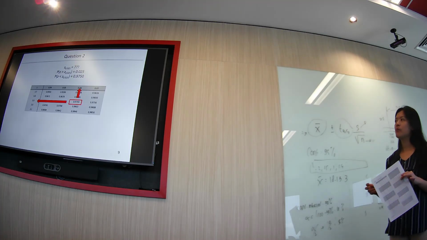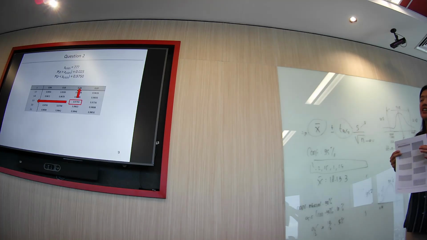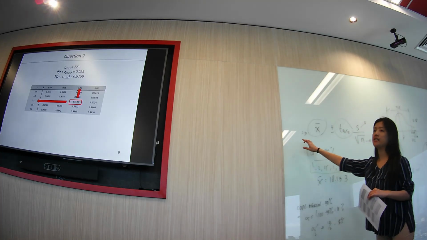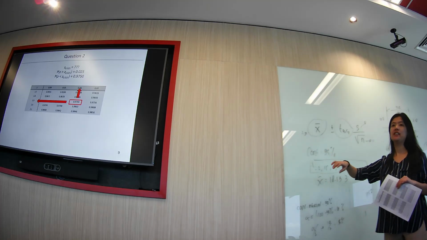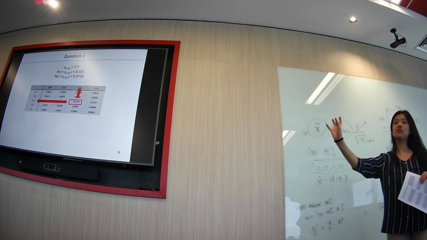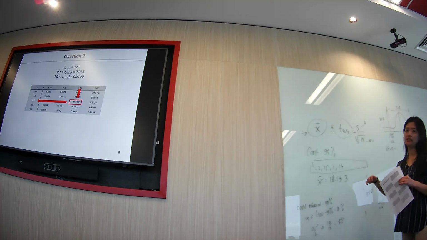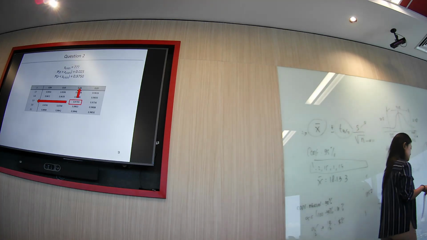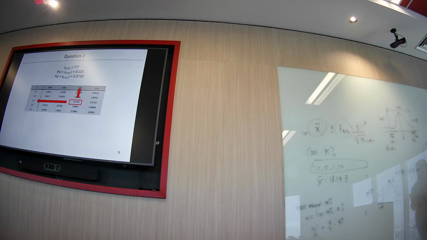For example, if I want to find 0.025 from the table, it's okay, then you will get minus 1.96. So it becomes the lower limit, you find the lower limit first. The upper limit is the same number but with a different sign, one positive and one negative.